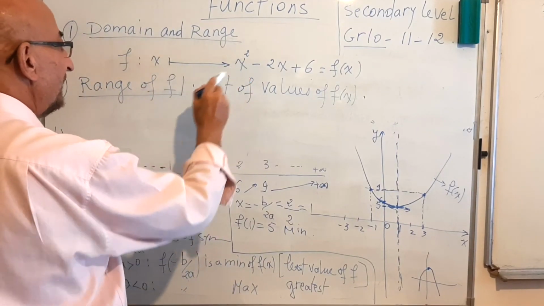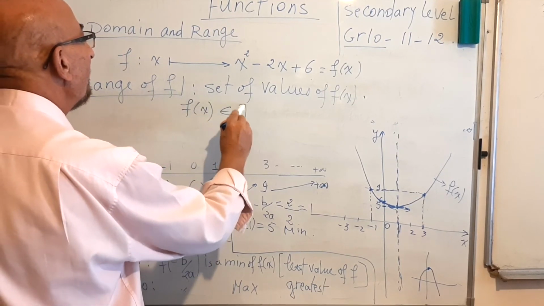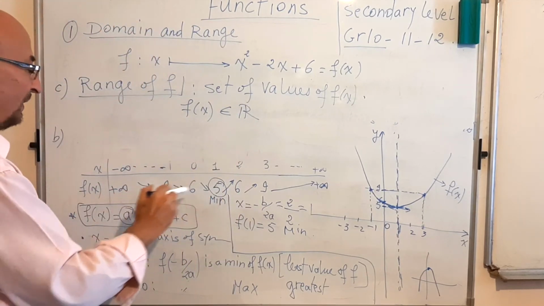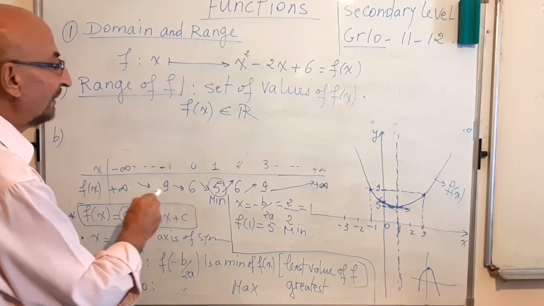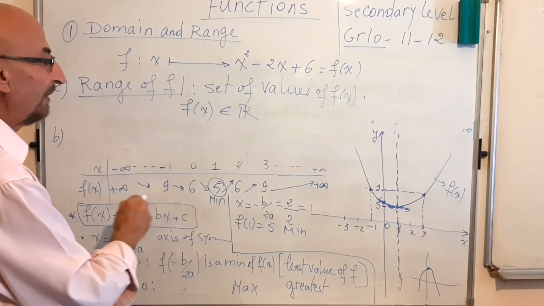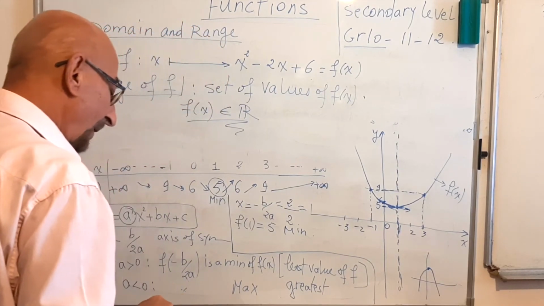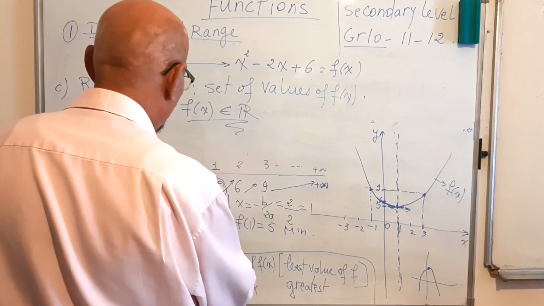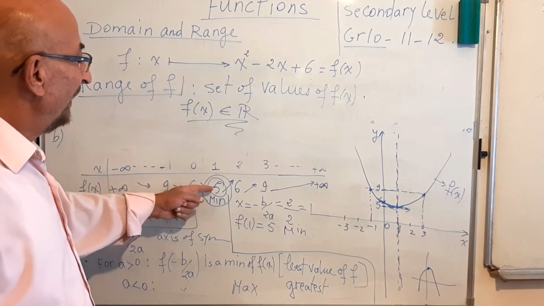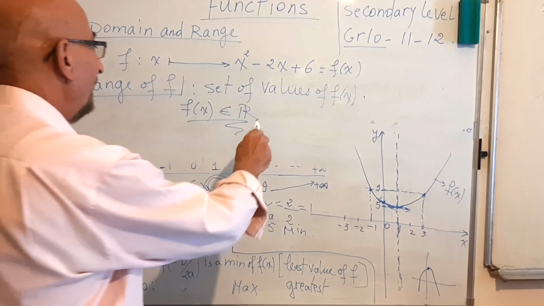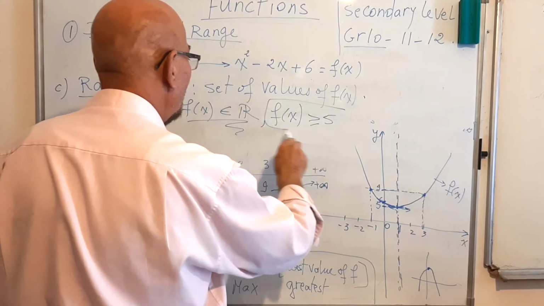For this example, x belongs to R and varies between minus infinity and plus infinity, taking all the values of R. Because the minimum of f of x is 5, we have f of x greater or equal to 5.